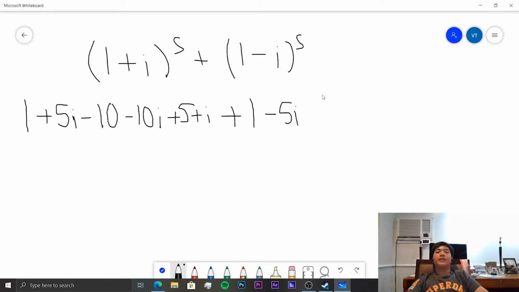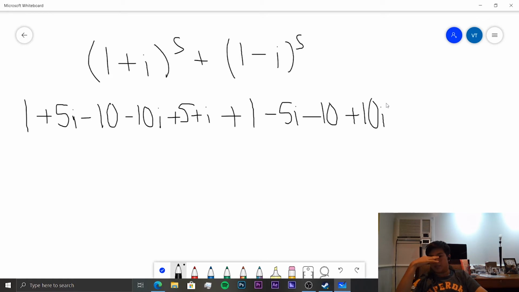And then we have minus 10. Plus 10i, I believe, because this would be minus i cubed times 10.